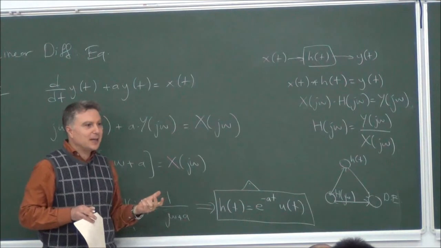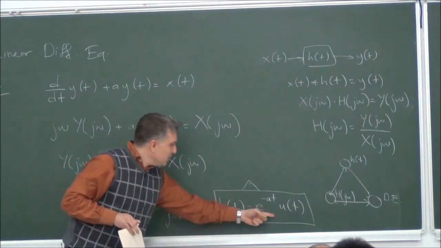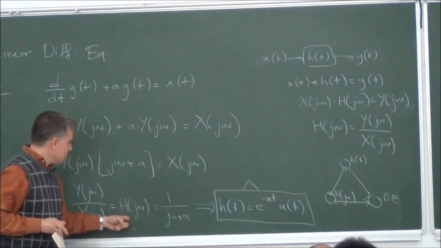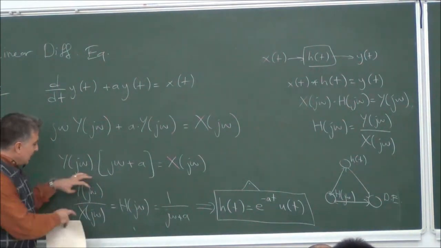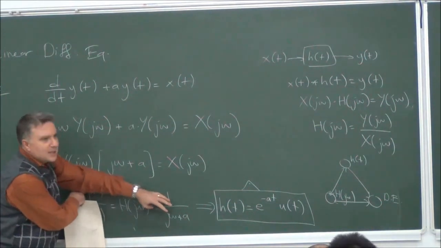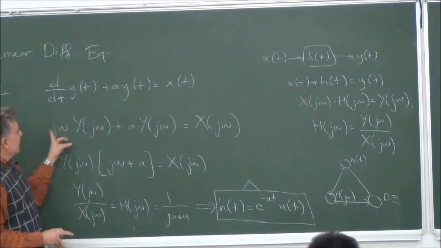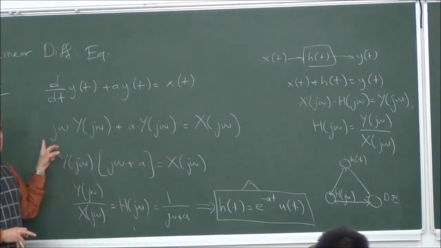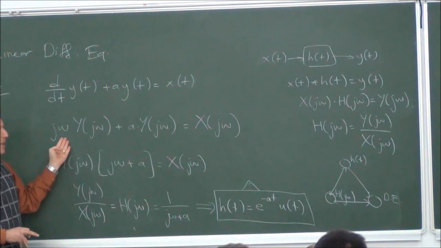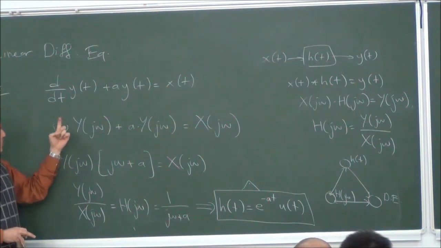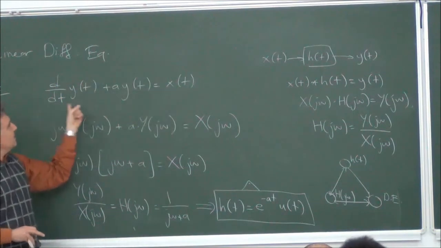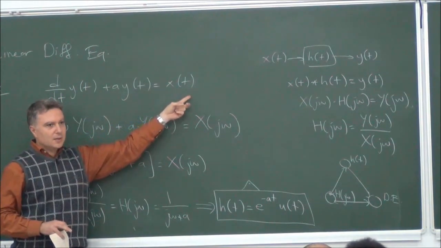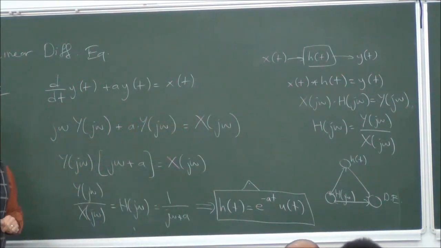How are you going to do that? You will say that the Fourier transform of this is H(jω), and that is Y over X. Then multiply inside out, and you will get this expression. From this expression, you take the inverse Fourier transform and get this. And you will say that this is the differential equation. That's how you will do that.